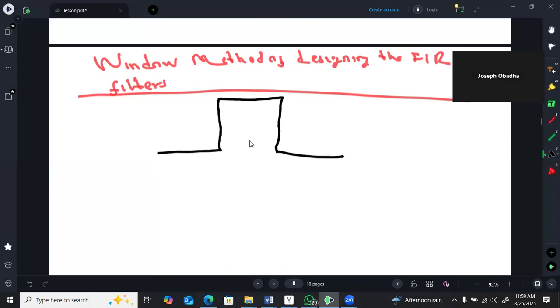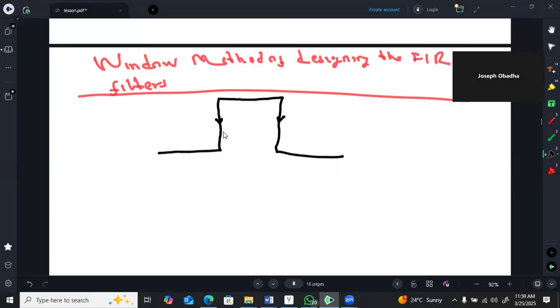So we start from this known filter characteristic, and then we design the filter coefficients. But there's usually a problem if we have a sharp change in the filter characteristics, because this means that in the time domain, we are going to have several sidebands.